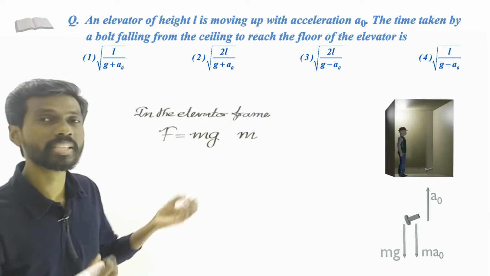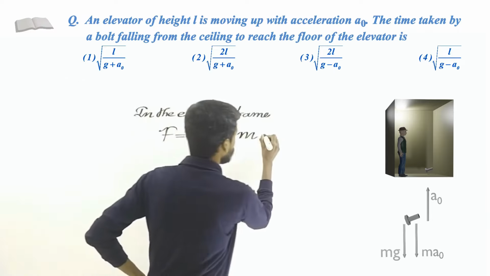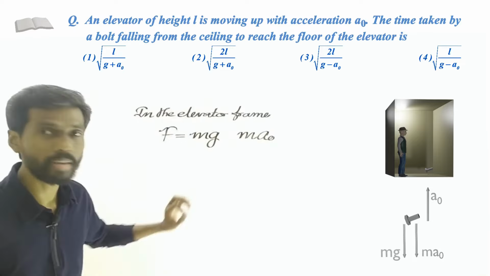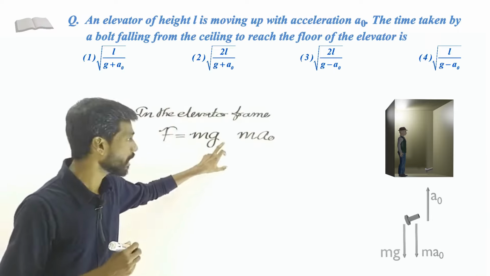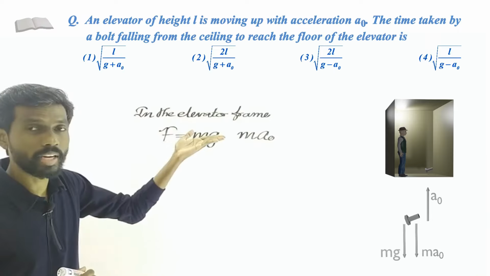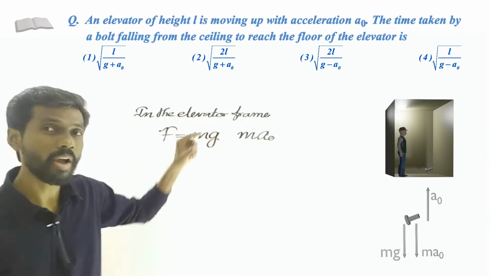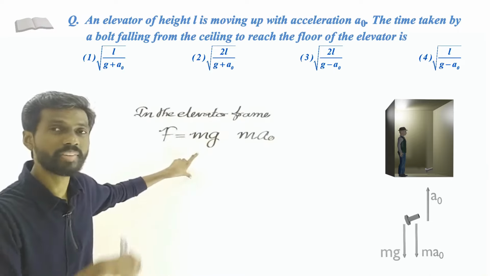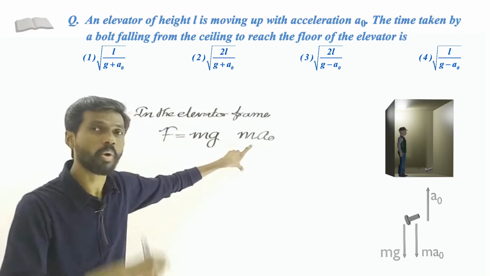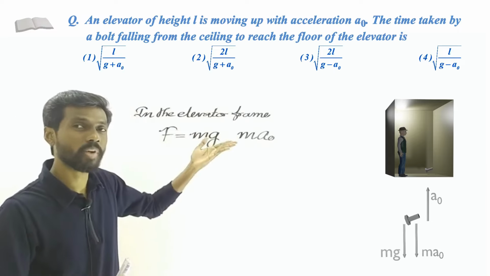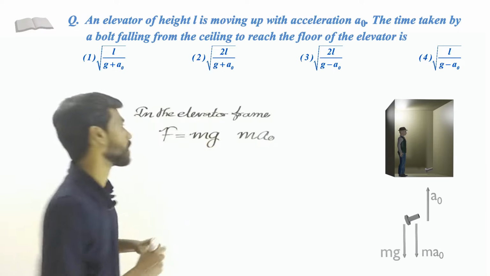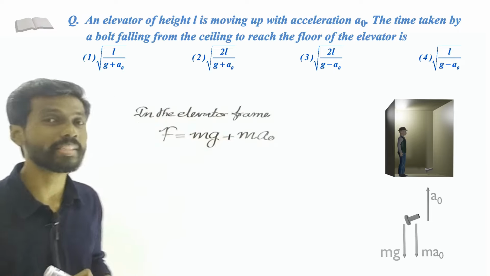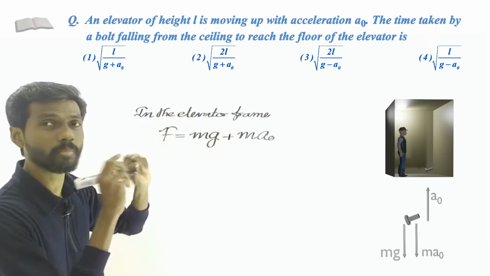The observer is moving up with acceleration a0. What is the direction? The observer is moving in the upward direction, so the pseudo force will be in the opposite direction. Since mg is taken in the downward direction, the pseudo force is also downward, so this is plus. So that is the total force acting on the bolt here.